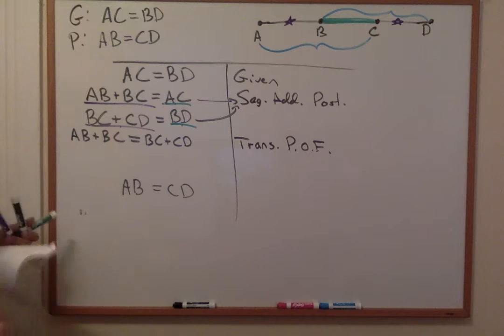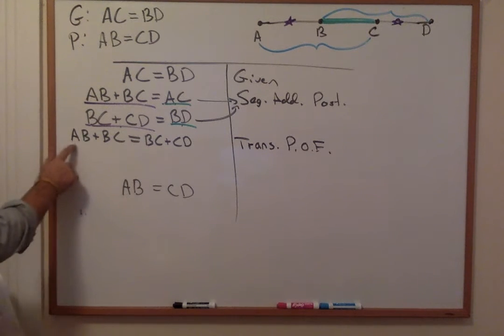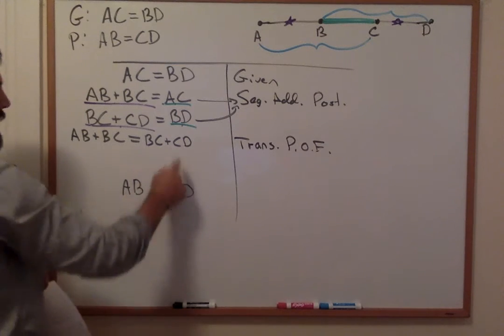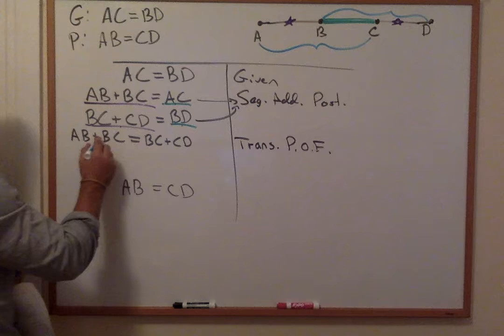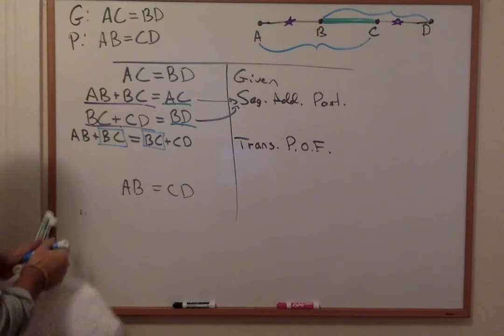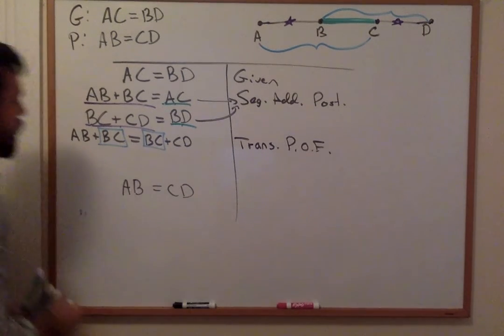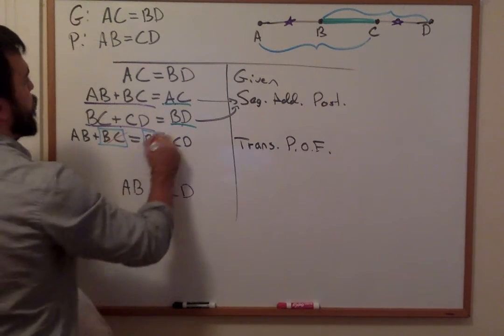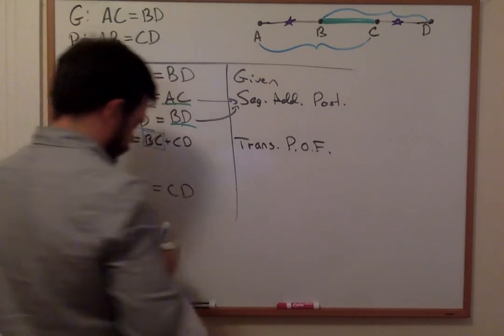So, hey, I have my equation. AB is on one side, CD is on the other. They both contain BC, so let's just subtract BC from both sides and be left with AB equals CD.